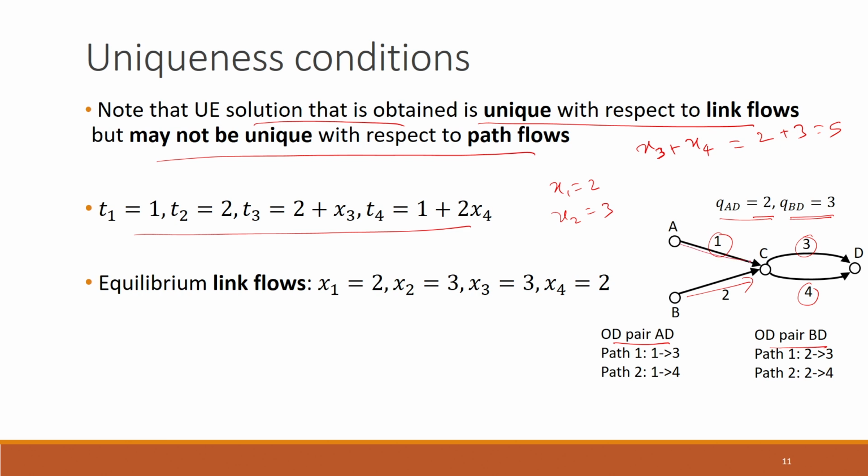Now, this link AC is common in both the paths that are connecting A to D. So, then the only option that is left is that the travel time on link 3 will have to be equal to the travel time on link 4. And similarly, if you follow this next OD pair BD, then also it will come out that the travel time on link 3 has to be equal to the travel time on link 4. Okay, so this is another equation that you will be getting.